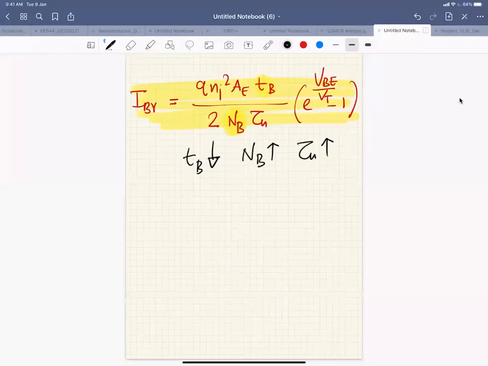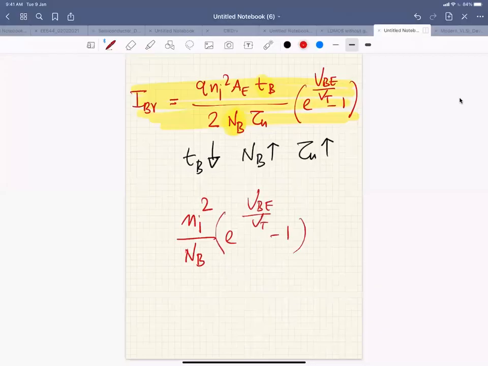Base doping is not very easy. We'll also discuss that if you go on increasing the base doping, it will have other problems. You see the last thing: the electrons injected from emitter to base is e to the power VB by VT minus 1, right?